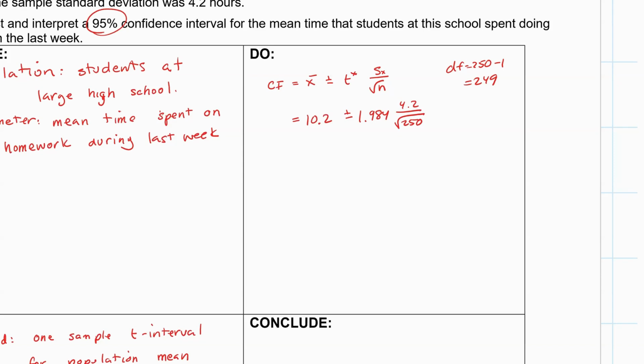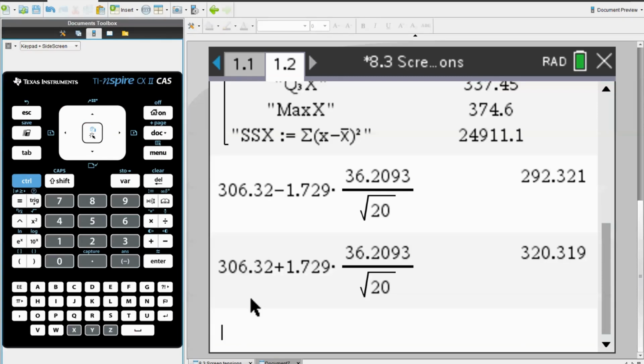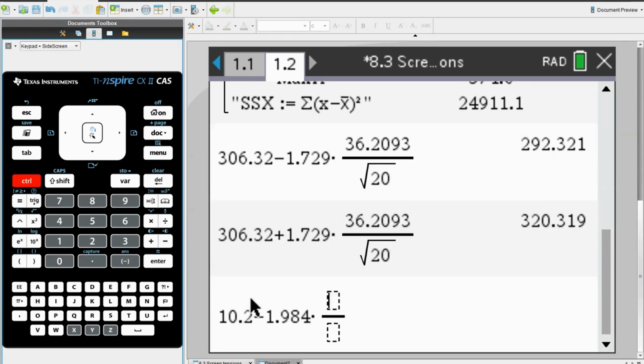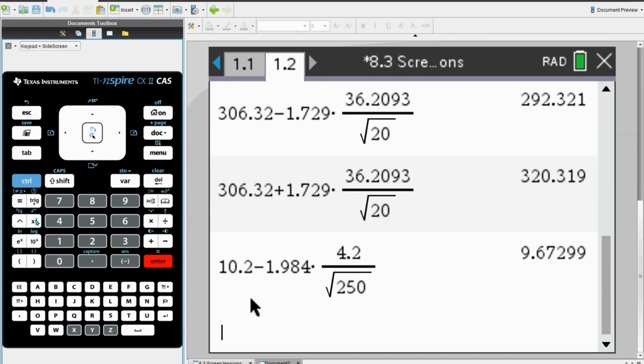So let's switch to the calculator and go ahead and put that in. 10.2 minus 1.984 times the fraction 4.2 over the square root of 250. So there's our lower bound of 9.673.